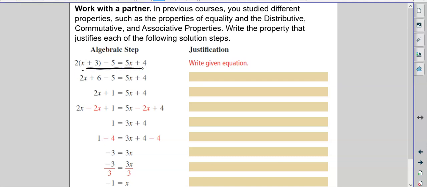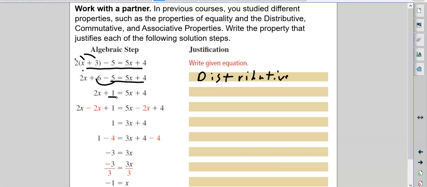Now, what happened from there to the second one? Well, it looks like everything here is exactly the same, but we got 2x plus 6 because we sent that in. So that's the distributive property. Okay? And then what do we do? All right? 6 minus 5 is 1.